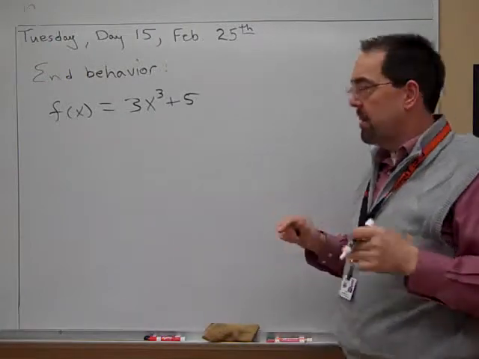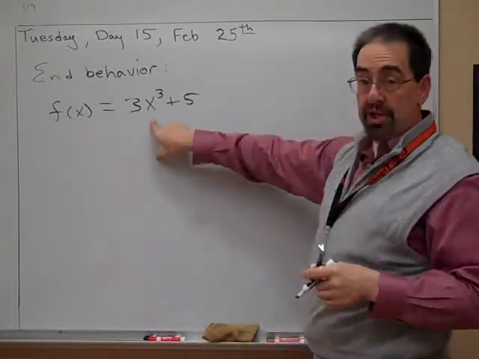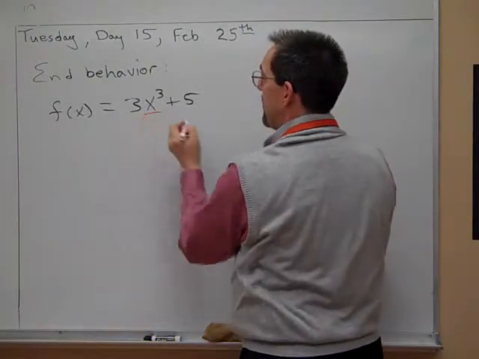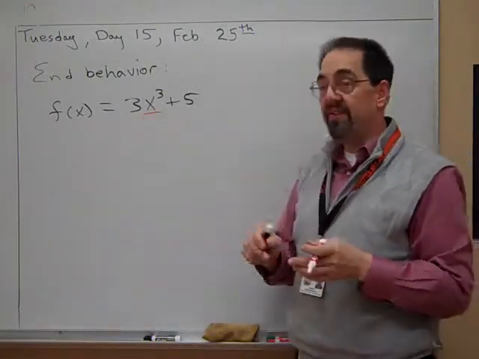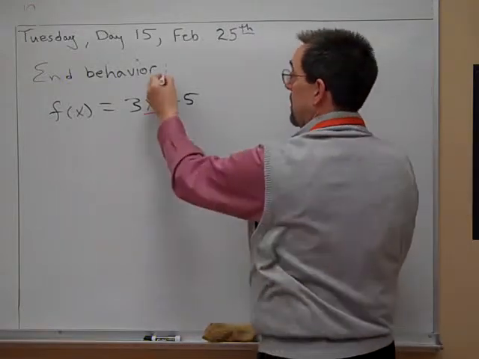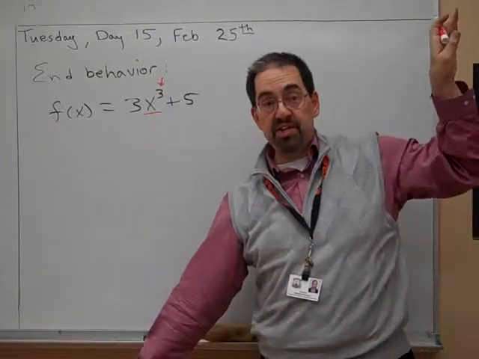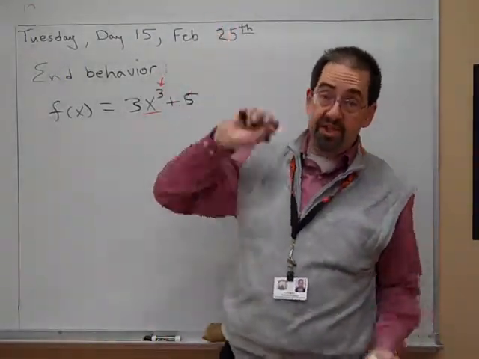Try to picture it. Well, the first thing we should look at is the x to the third. We look at this piece right here. And we know that if it's an odd function, it's got to be something that starts low, finishes high, or starts high, finishes low.